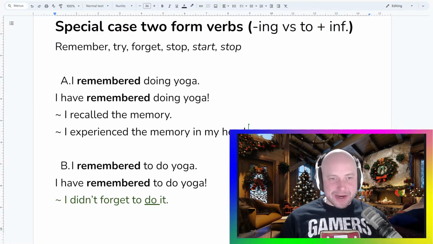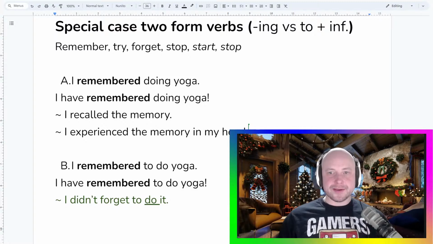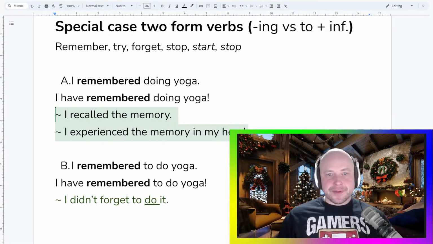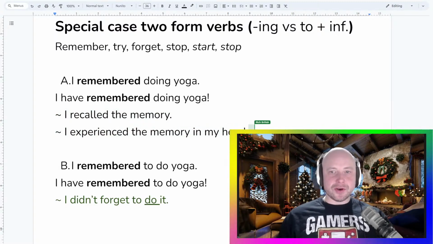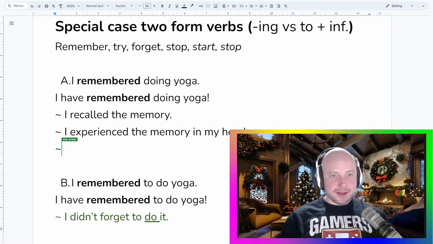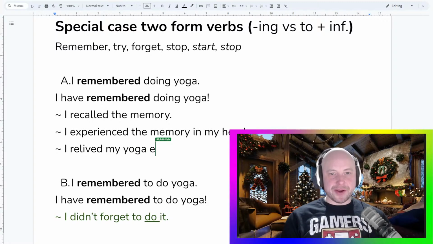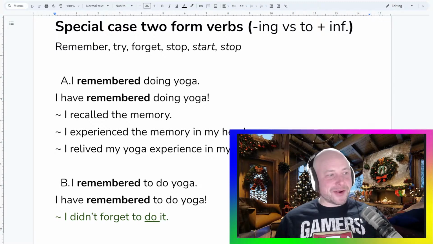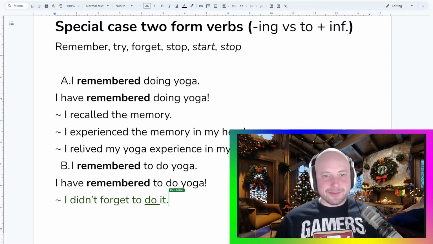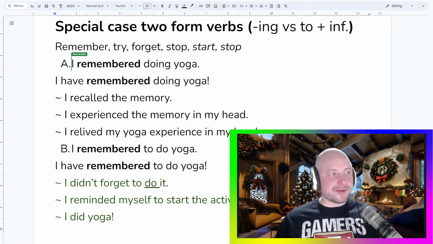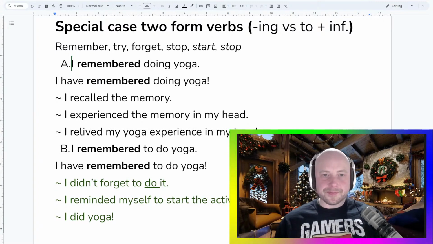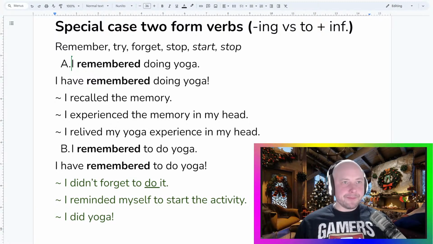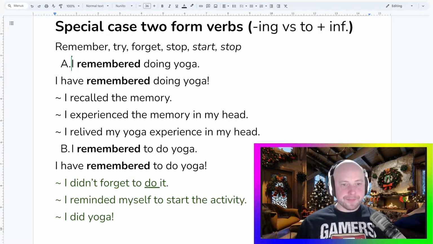This is the act of remembering itself. We could also call it reliving. I relived my yoga experience in my head. I like that. That I come up with myself. That's right, folks. So that's the difference with remember.